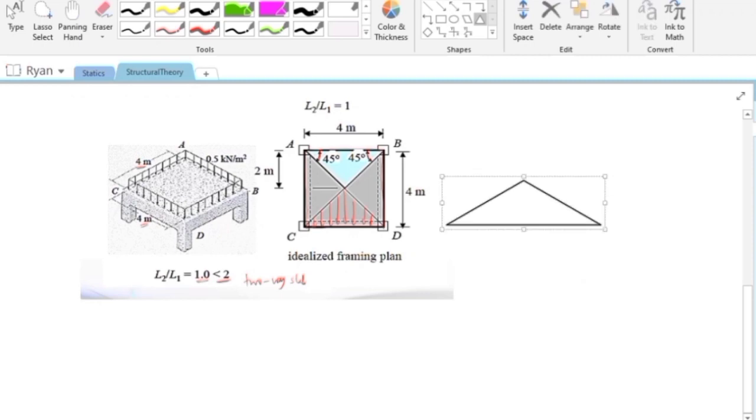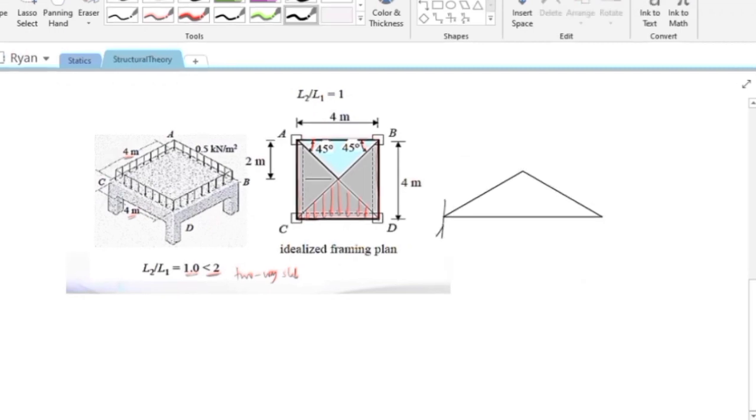Now, if we solve it, of course, we have a fixed connection at point C, and we also have a fixed connection at point D since this is concrete. So we have here a triangular load. How about the magnitude of the load? For the magnitude, we can see here that this distance is equal to 2 meters.